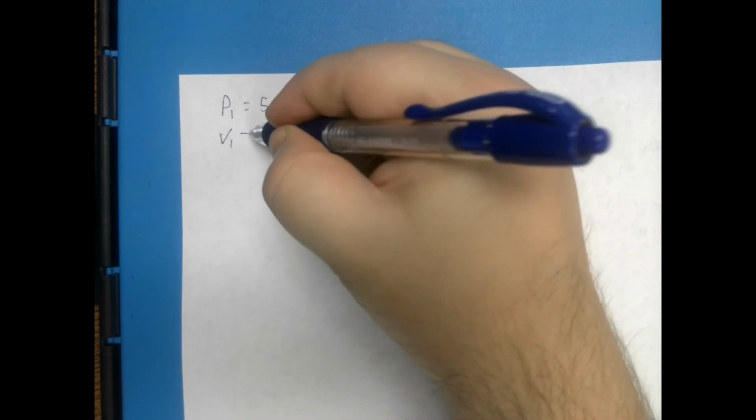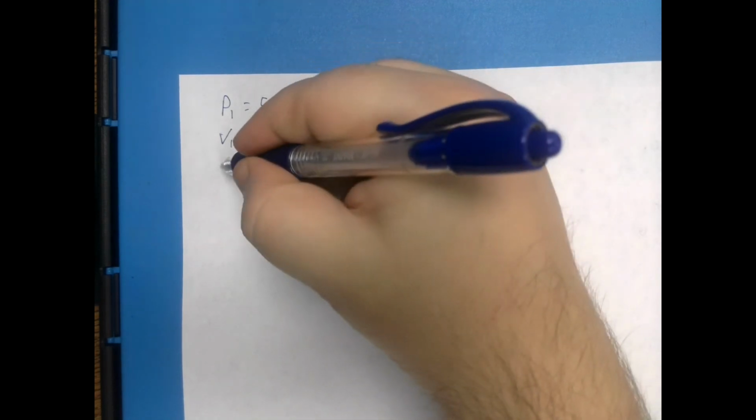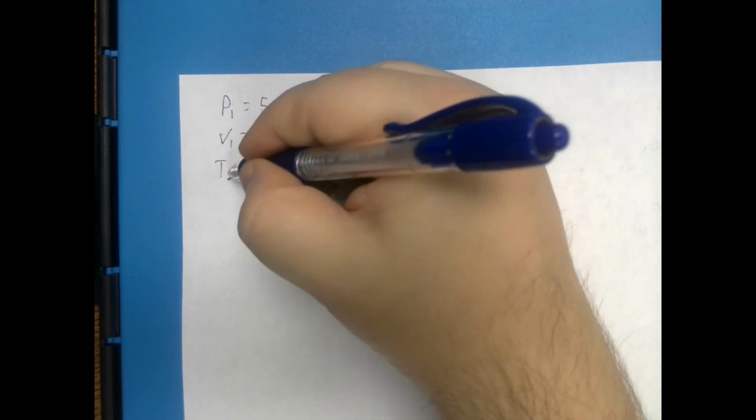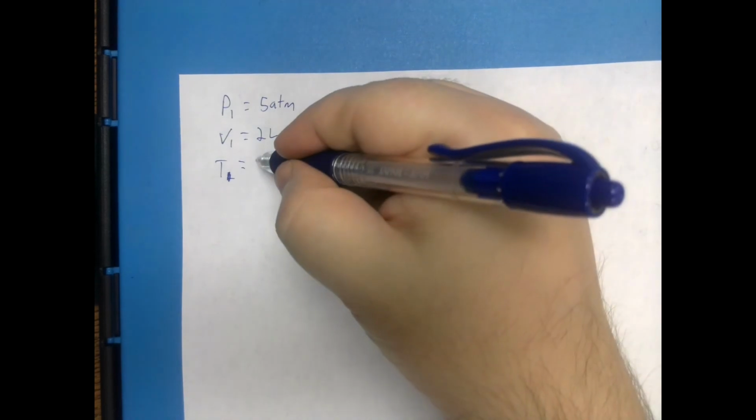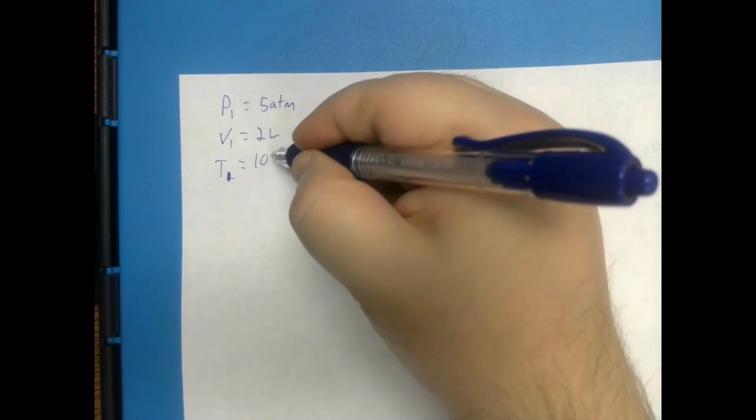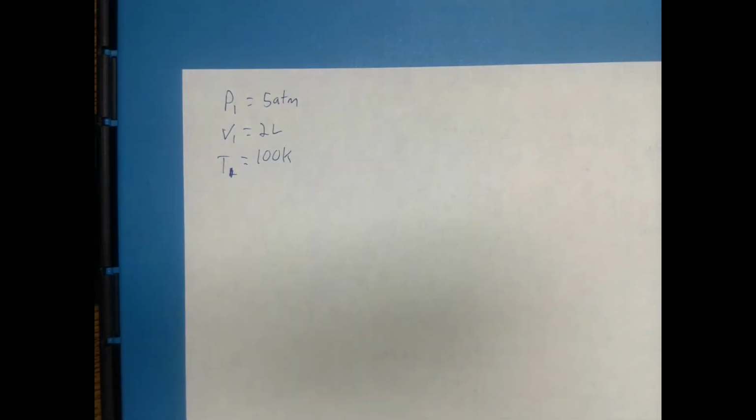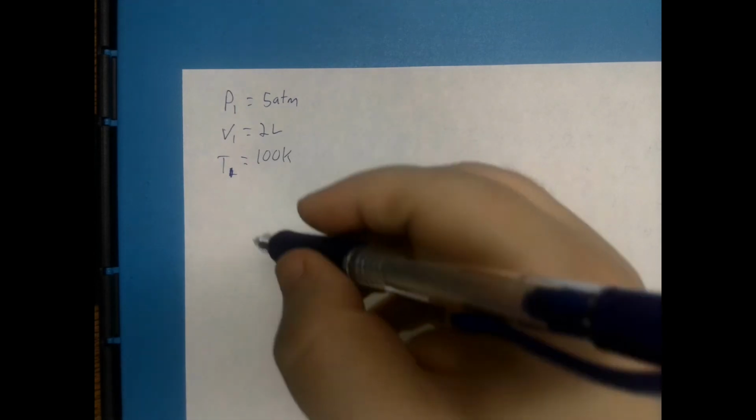Initial volume is 2 liters. And initial temperature is 100 Kelvin. Also, know how to convert between Celsius and Kelvin. Most of these problems are in Celsius, some are in Kelvin. Some will ask you to convert back into Kelvin, or convert back into Celsius. I do not use Fahrenheit on the test, so you don't need to know that.